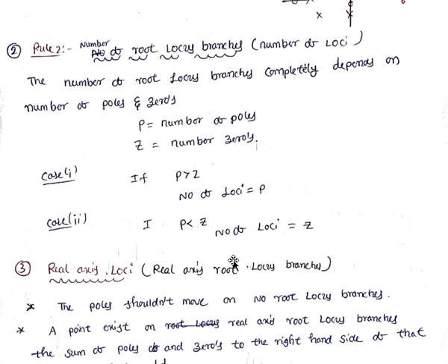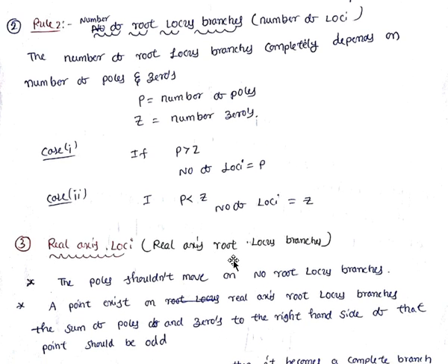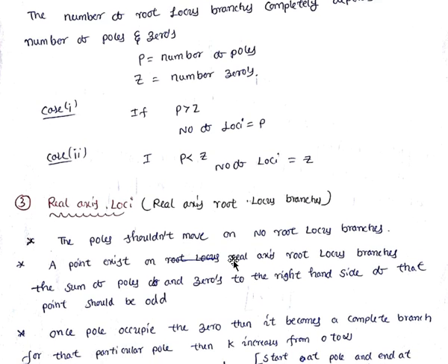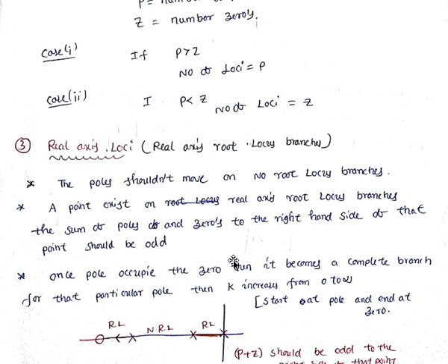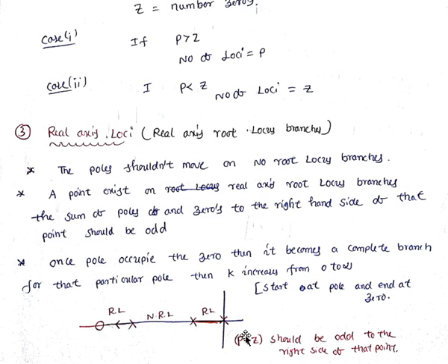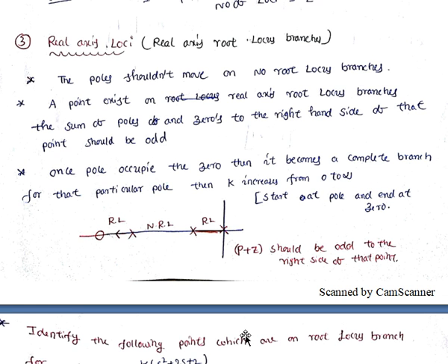Now coming to rule number 3, real axis root locus branches. Some rules are there. First we have to locate the poles and zeros on the pole-zero plot. Poles are represented by a cross mark and zeros are represented by a circle. The root locus path always starts from a pole and ends at a zero by varying the value of k from 0 to infinity.